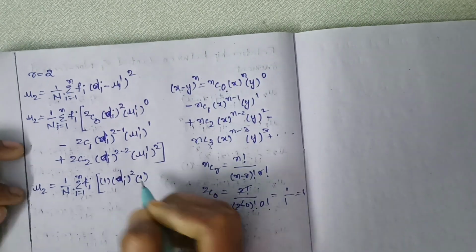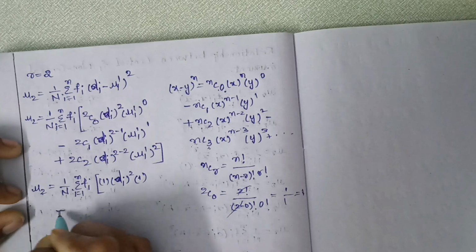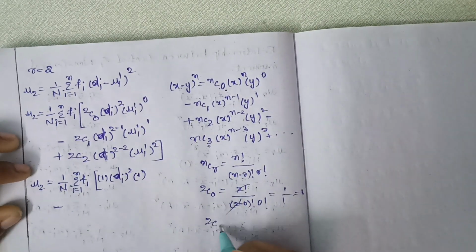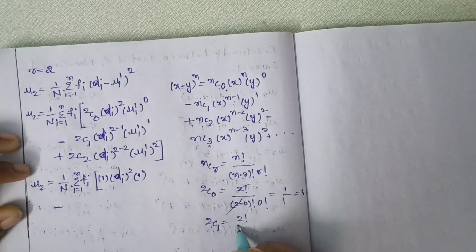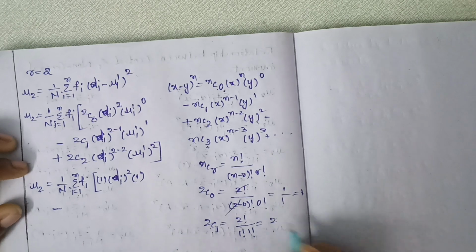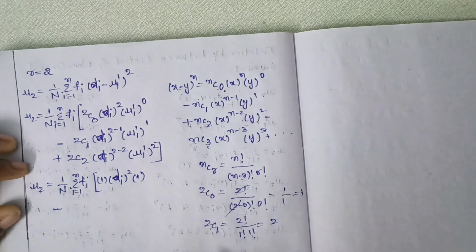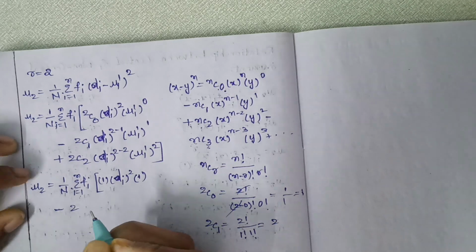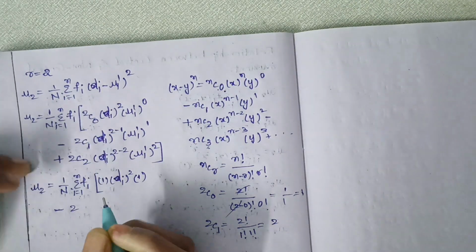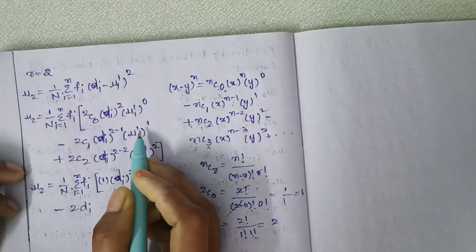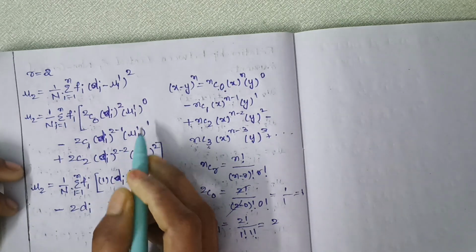So 1, and minus 2C1, which is 2 factorial by (2 minus 1) factorial into 1 factorial. So which is nothing but 2. Therefore minus 2, and 2 minus 1 is 1. So di to the power of 1, and 1 into 1 is equal to 1.